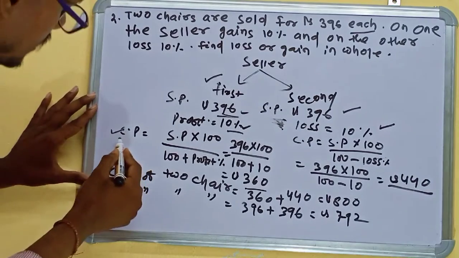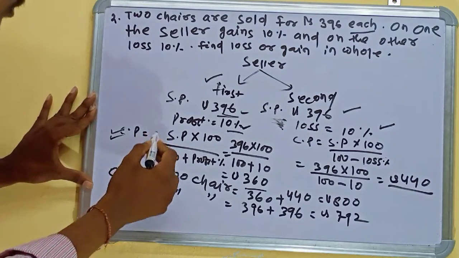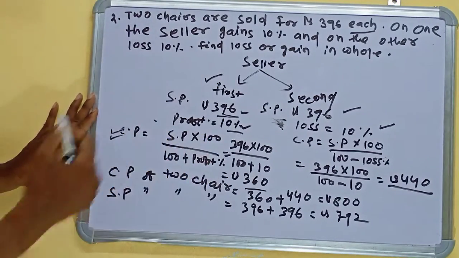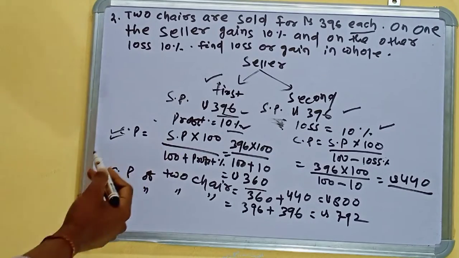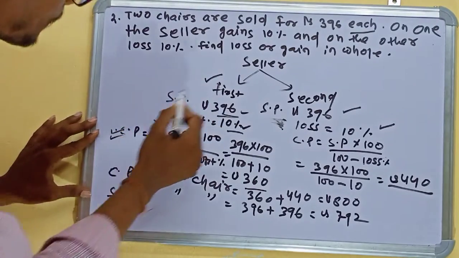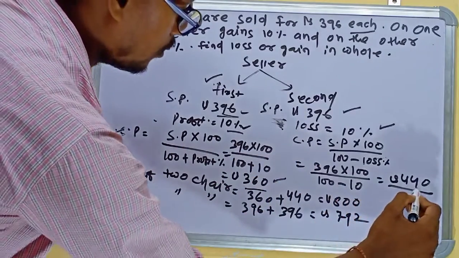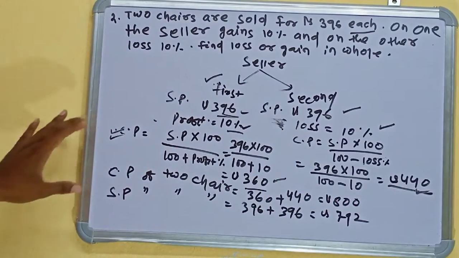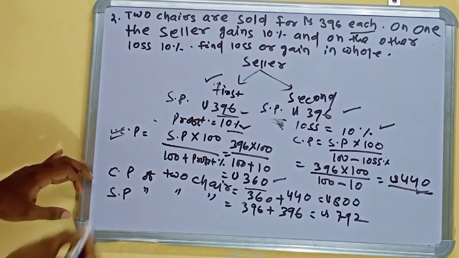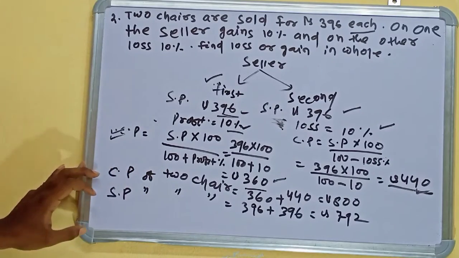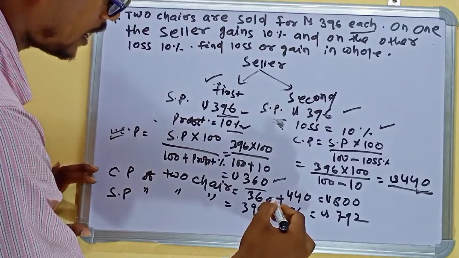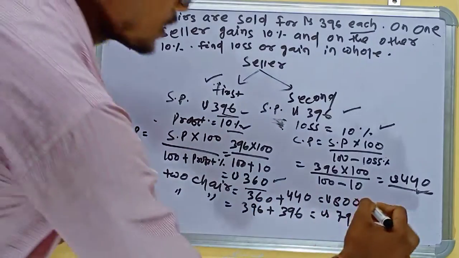Then we calculate the CP of the first chair through this formula, SP into 100 divided by 100 plus profit percentage. The CP of the first chair is 360 and the CP of the second chair is 440. The cost price of two chairs is 360 plus 440, which is rupees 800.